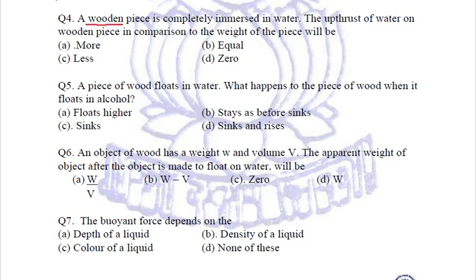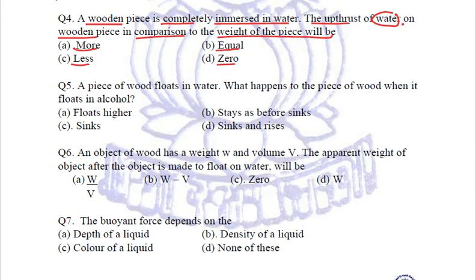A wooden piece is completely immersed in water. The upthrust of water on the wooden piece in comparison to the weight of the piece will be: more, less, equal, or zero.